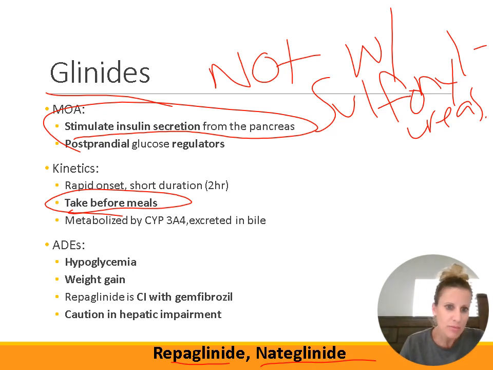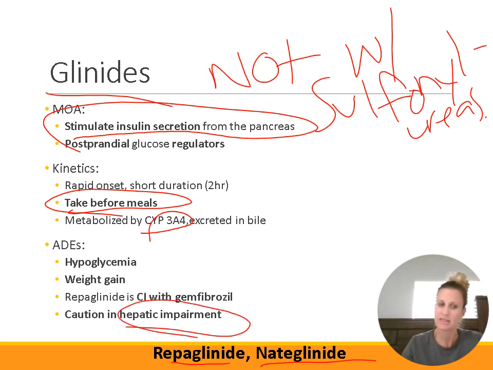The glinides are metabolized by CYP3A4 and excreted in the bile. So caution with drug interactions with CYP3A4, and caution in hepatic impairment. Notice that we don't have the renal cautions here though. Adverse drug effects with the glinides are hypoglycemia and weight gain.